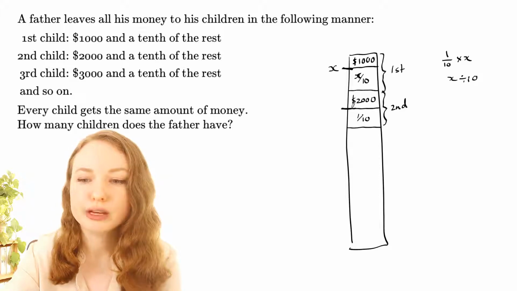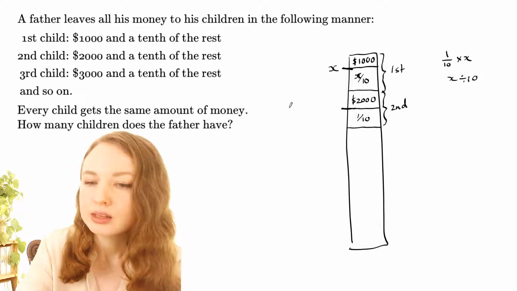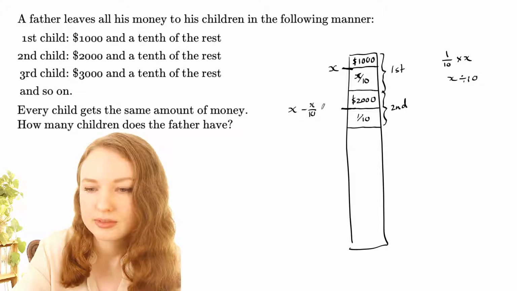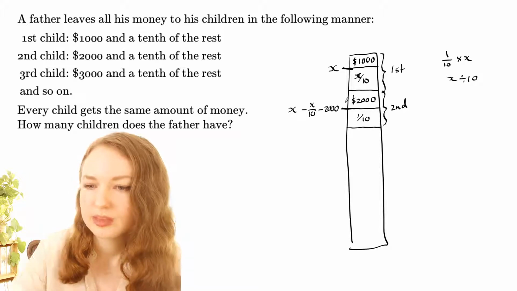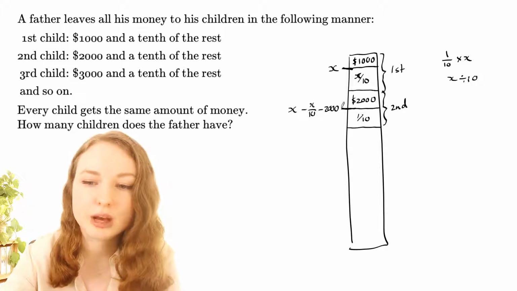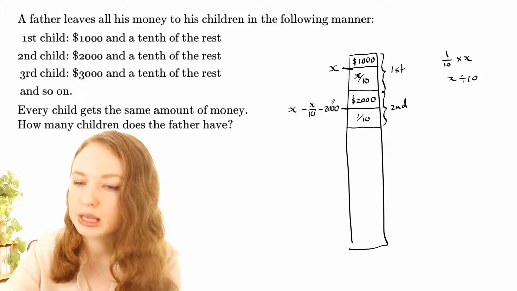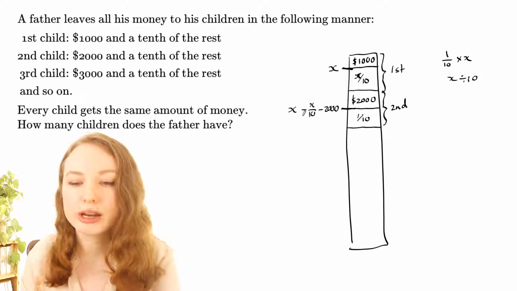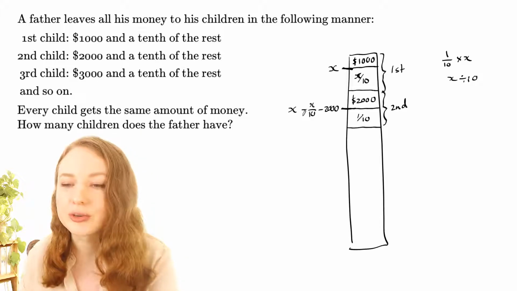Therefore, the amount of money that we have there is x, so that level, minus that and minus that. And then this, which is a tenth of this amount of money, is just going to be like that divided by 10. So now we can actually use that to make an equation.